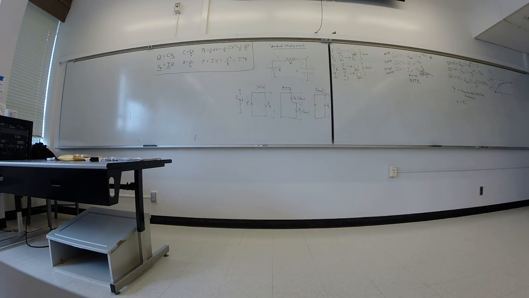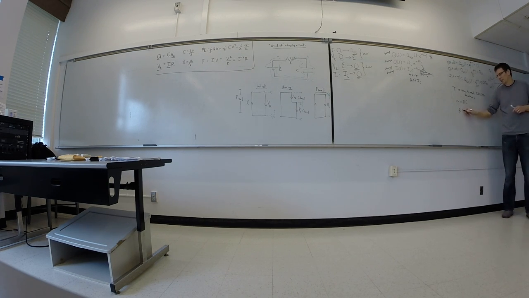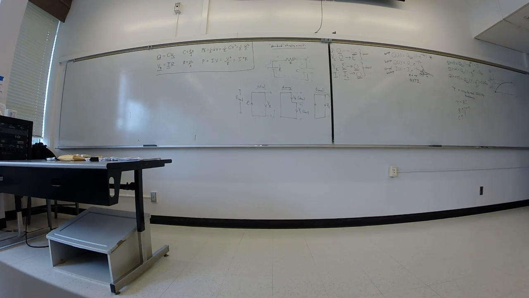So if you are trying to charge through a larger obstruction, that's going to mean you take longer to hit your benchmark. And if you're charging a larger capacitor, it's also going to take longer. So that might look like this. You might have a second circuit with a longer tau value.